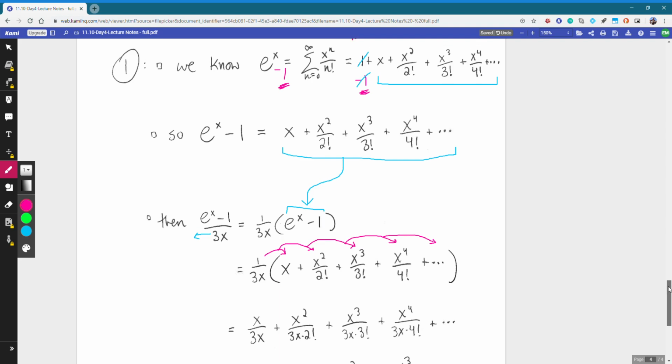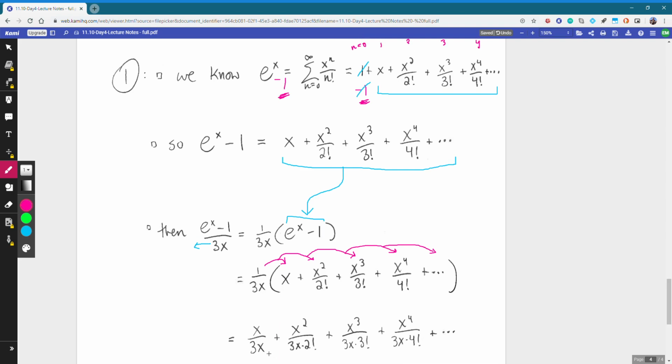And so what we end up with, x over 3x for the first one, x squared over 3x 2 factorial, and then 3x and 3x again in the denominators, right? So those all go into the denominators. But at this point, we can do a little simplifying, yeah? So our x's cancel off here, and we're just left with the 1 up top. This x will cancel off with one of these, and all of our numerator powers of x will just drop by 1.